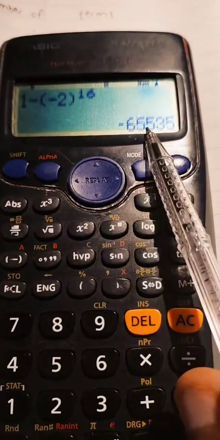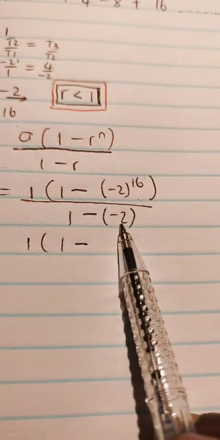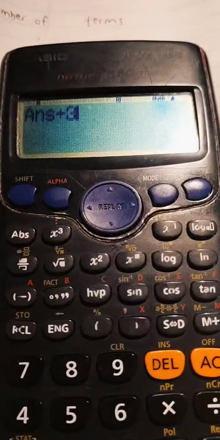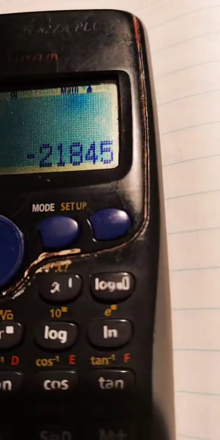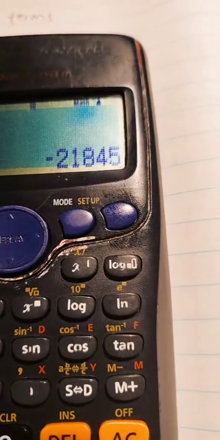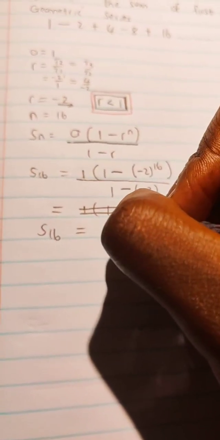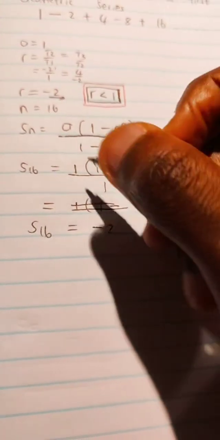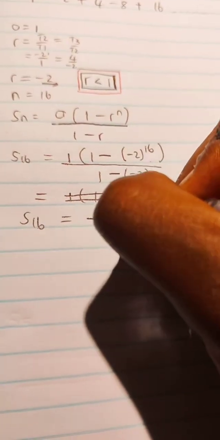Then we divide that. Remember, 1 minus -2 will give you 3. You divide that by 3, that is positive. You get -21,845. So the sum of the first 16 terms will give you -21,845.